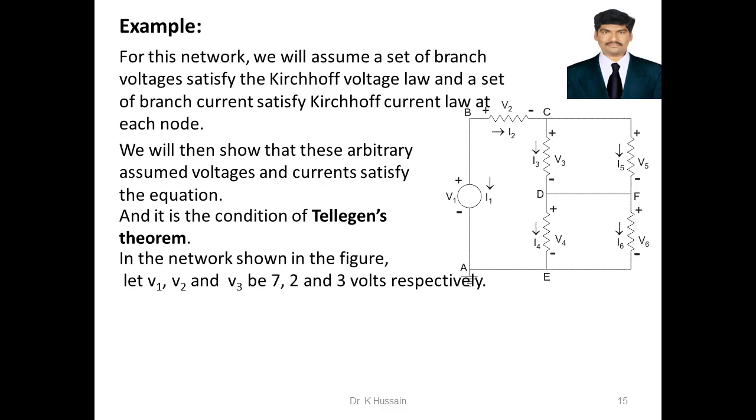For example, here I am taking this figure just for your understanding. These are our values only. There is no fixed value. We are taking V1 as 7, V2 as 2 volts. All are volts only. 7, 2, and this is 3. But it is one loop, right? This is one loop.